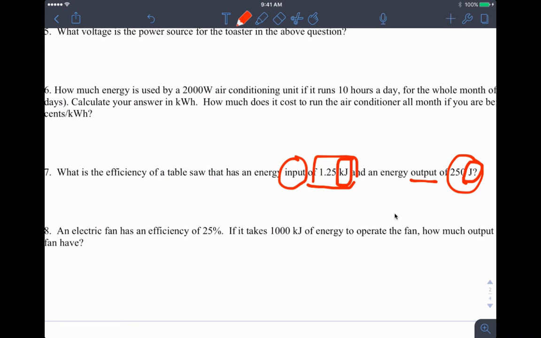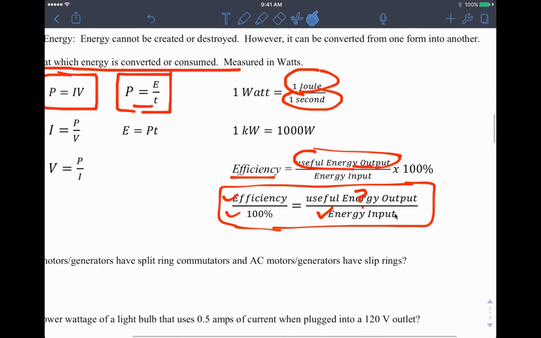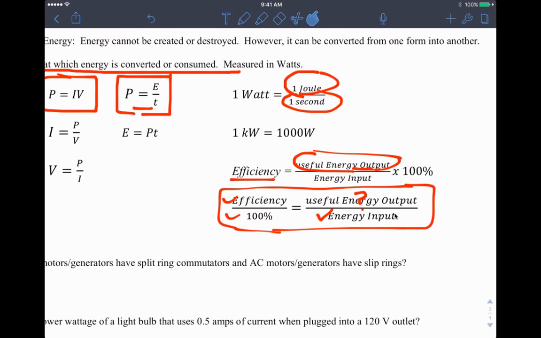For all units, if you have a K in front of it, that means 1,000. So we could add up here, 1 kilojoule is equal to 1,000 joules. Just like 1 kilowatt is equal to 1,000 watts.